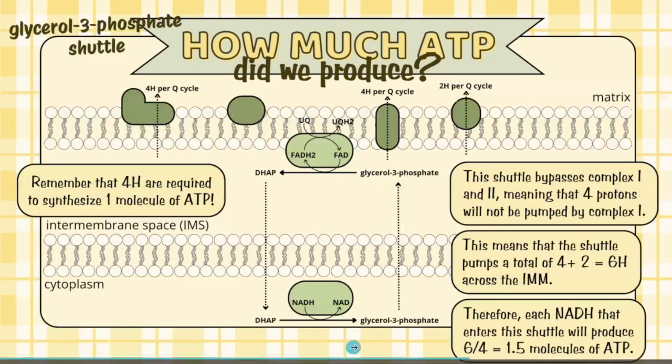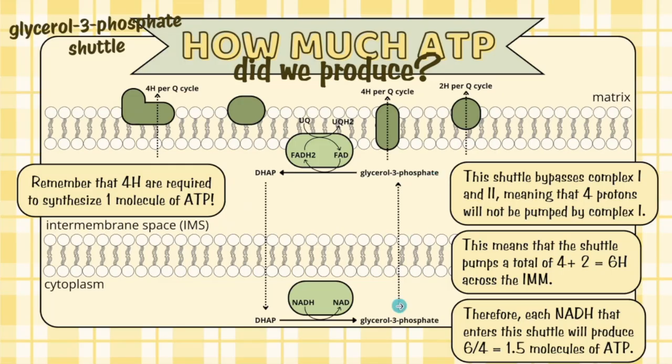In the glycerol 3-phosphate shuttle, we give NADH electrons to DHAP, converting it to glycerol 3-phosphate. Now, glycerol 3-phosphate is permeable in the inner mitochondrial membrane, so it can enter. And here, just like I mentioned before, glycerol 3-phosphate dehydrogenase, remember that enzyme? There's another one in the inner mitochondrial membrane.